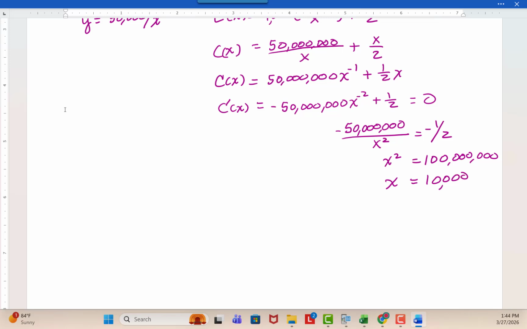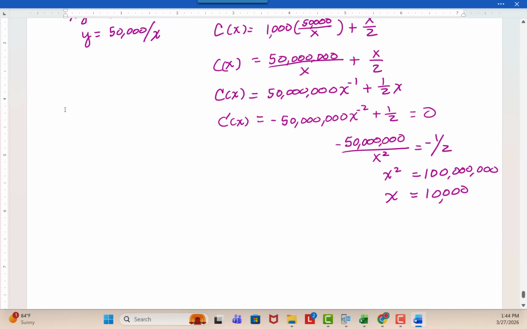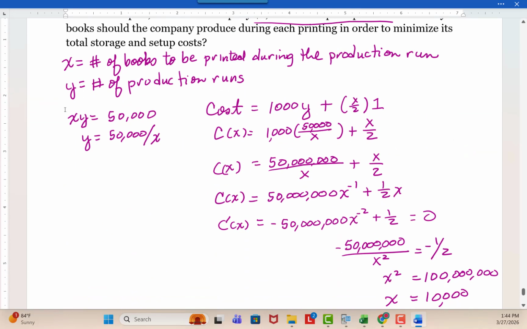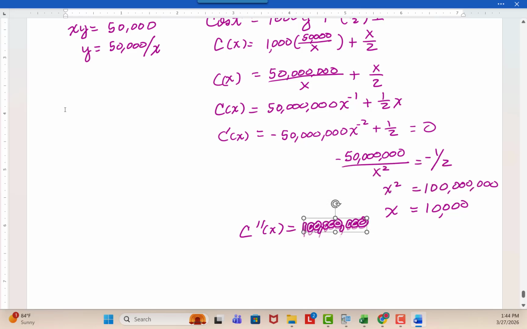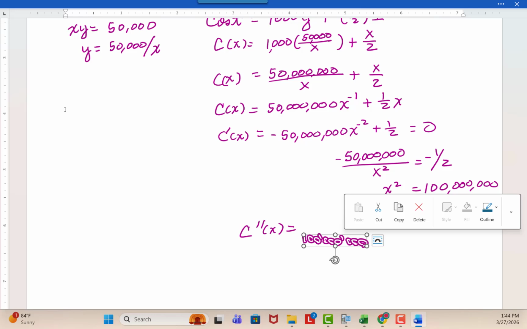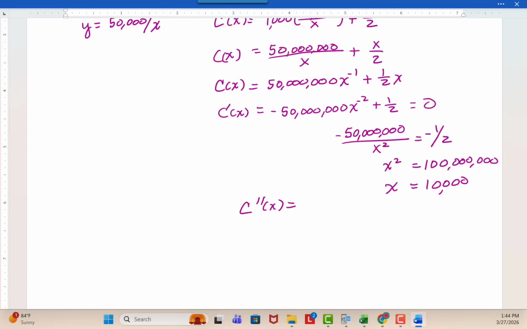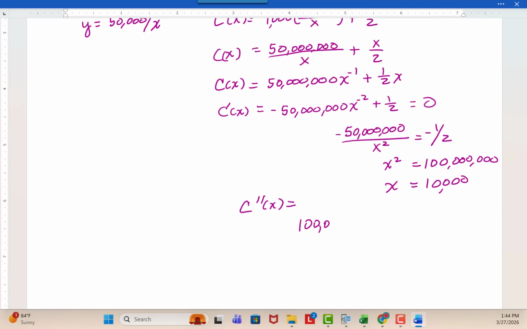We want to verify that this is indeed a minimum, so we'll look at the second derivative, which is going to be 100 million x to the negative 3.